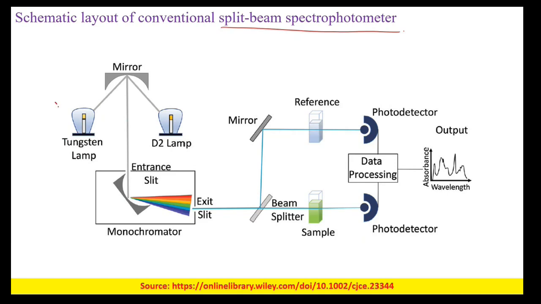One is the tungsten lamp, which is for the visible light, and the D2 lamp for the UV light or UV radiation, whatever you call. Then they are made incident on the mirror. Then it enters into a monochromator. Within the monochromator, we have the diffraction grating. So this one is the diffraction grating.